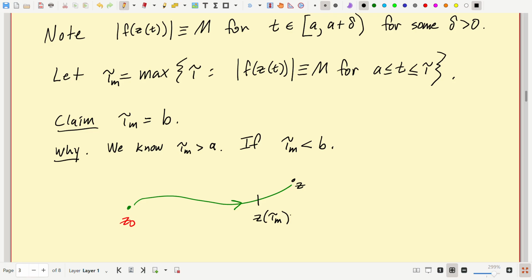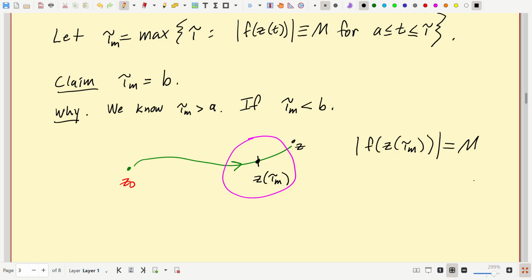But if I take that purple disk now and stick it around here, I would see that I could extend it. So let's see, f of z of tau max is equal to m, and I would see that I could extend the distance beyond the max.